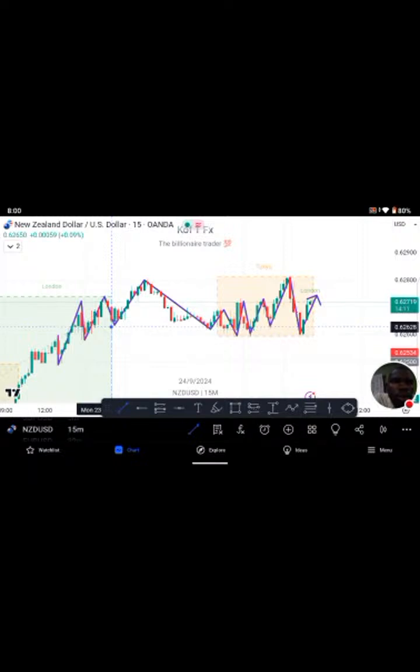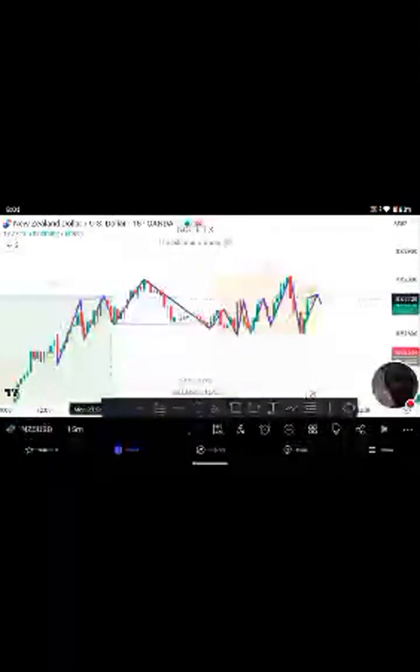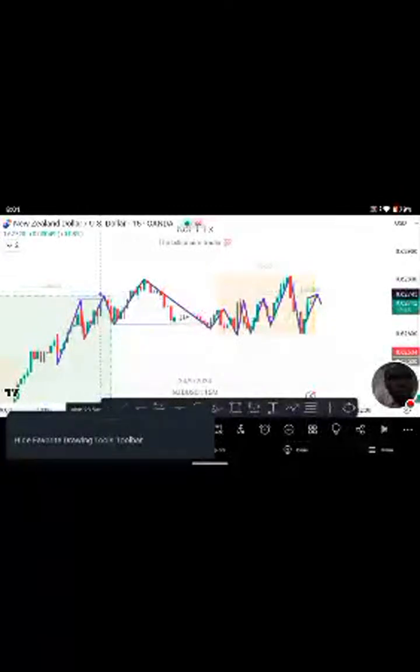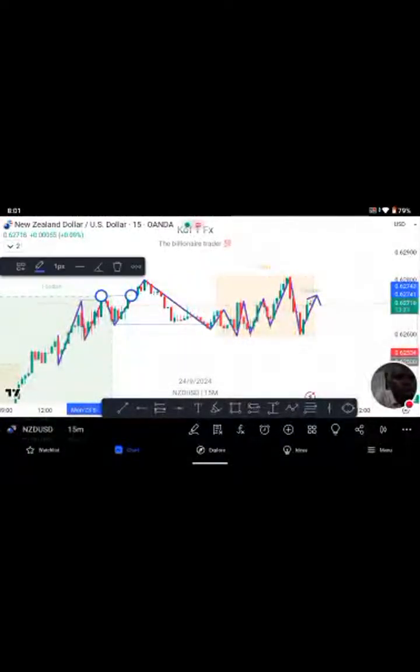Looking at this, market took out this low. We have this break of structure.